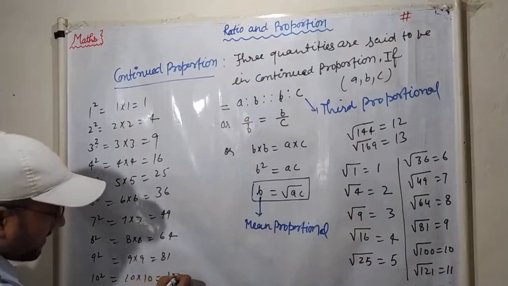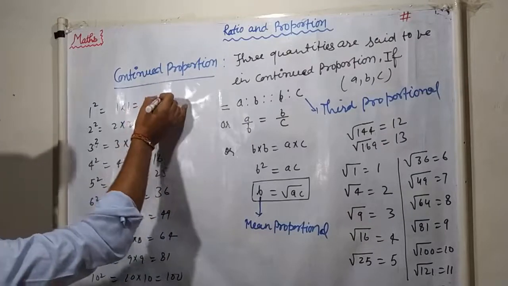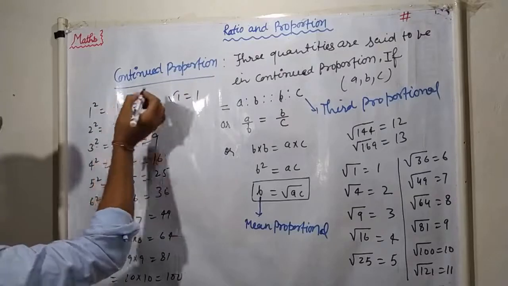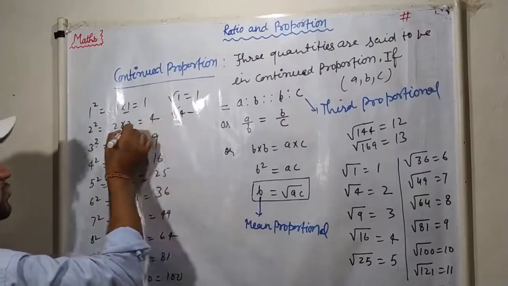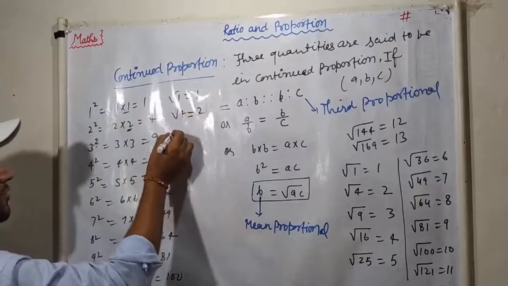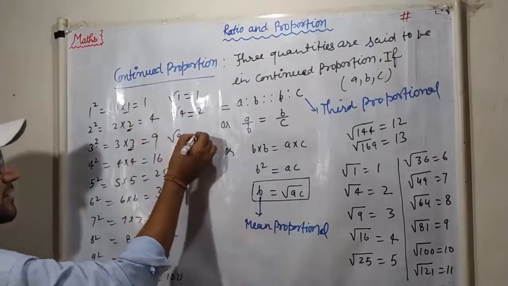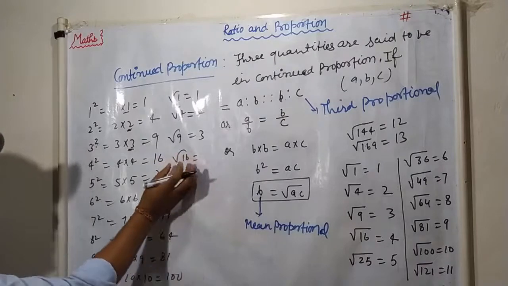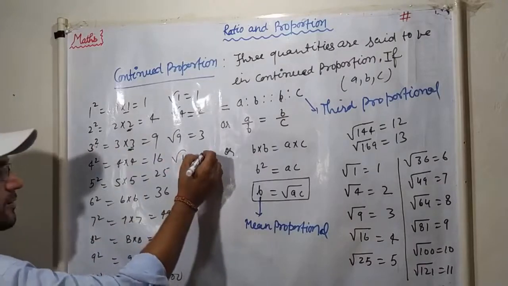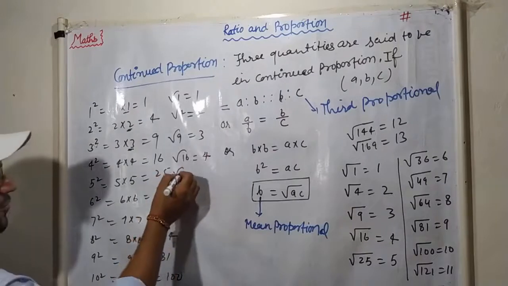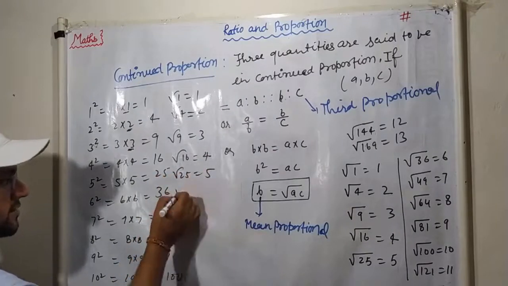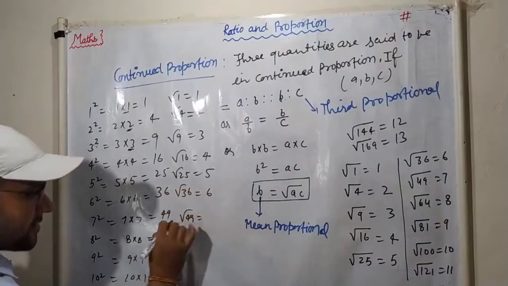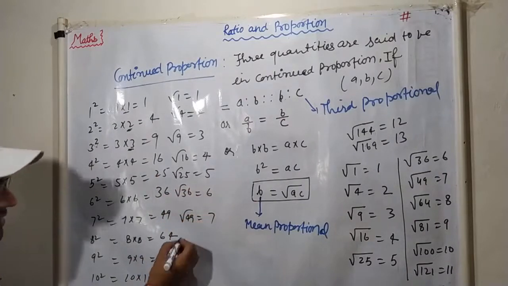Now, finding the square root: square root of 1 is just one term, square root of 4 is 2, square root of 9 is 3. Square root of 16 means 4 into 4, that is a group, and you take one term outside, 4. Square root of 25 is 5, square root of 36 is 6, square root of 49 is 7 into 7, you take one 7 outside.